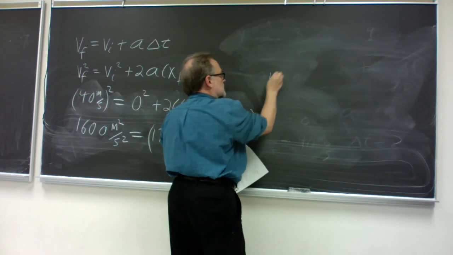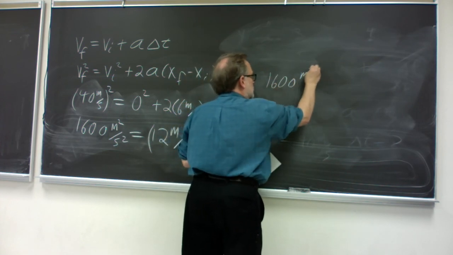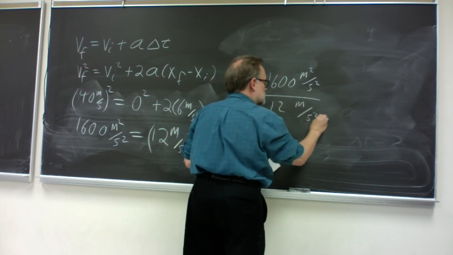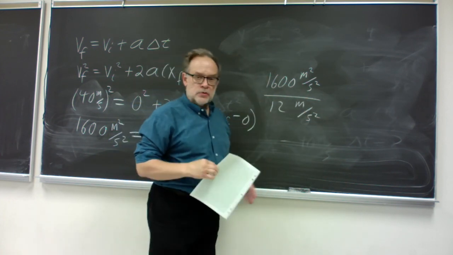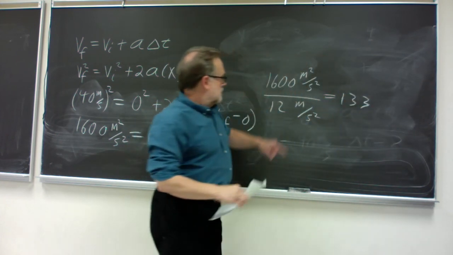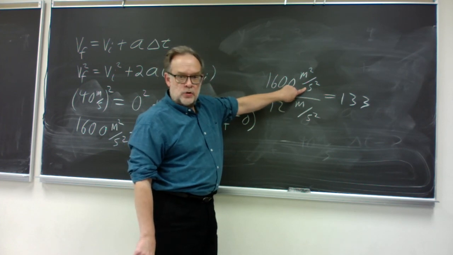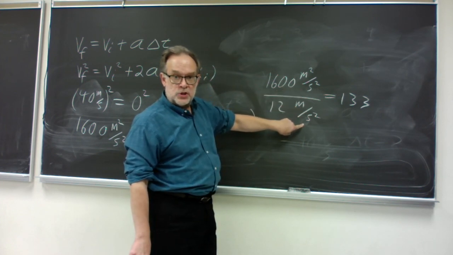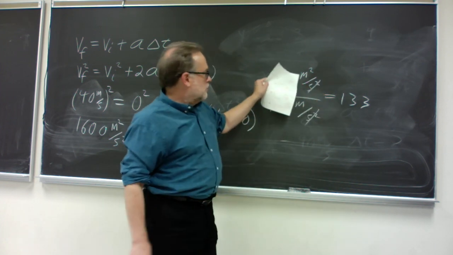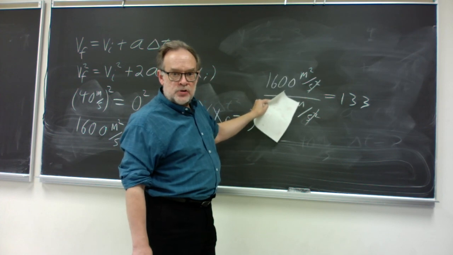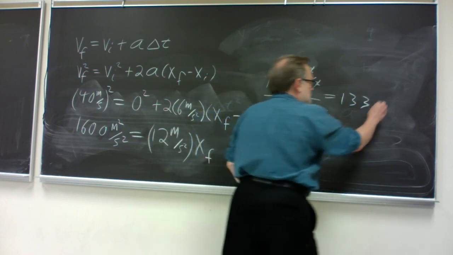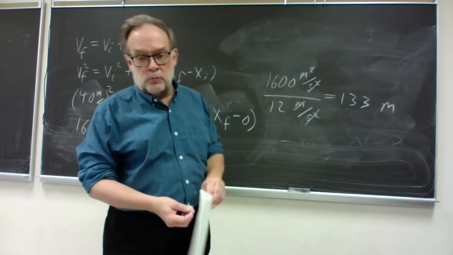Or to be more specific, 1600 meters squared over seconds squared divided by 12 meters per second squared. And that comes out to 133. The 1 over second squared in the numerator is canceled by the 1 over second squared in the denominator. And one of these 2 meters is canceled by this meters, so the only unit label that we're left with is just plain meters, that's exactly what we're looking for.